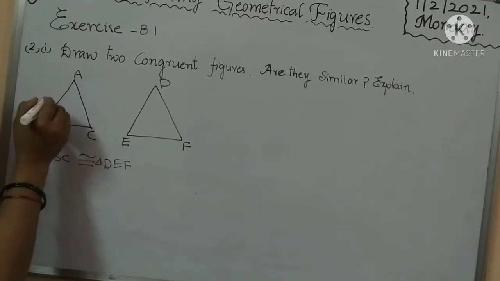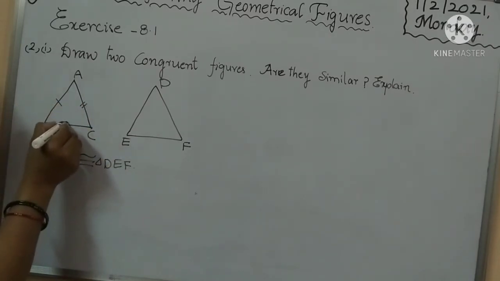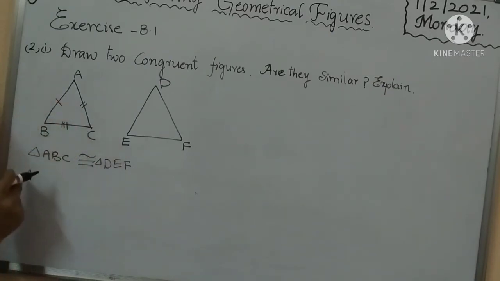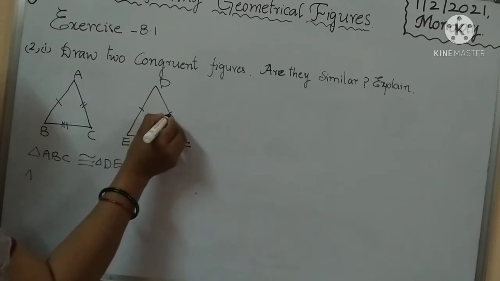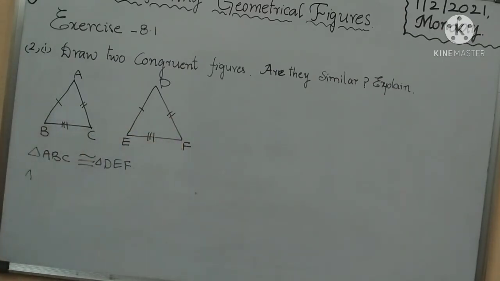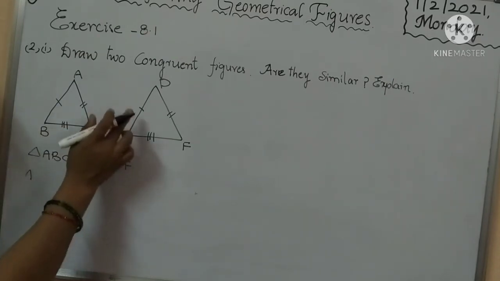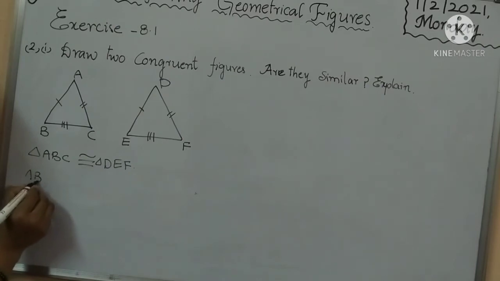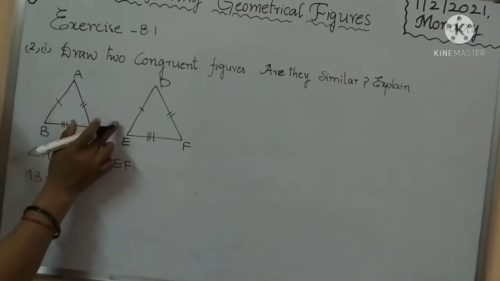AB is the first side, this is the second side, and this is the third side of triangle ABC, and here the triangle is the same. So congruent figures mean same size and same shape. So from triangle ABC and triangle DEF, identify the two triangles.